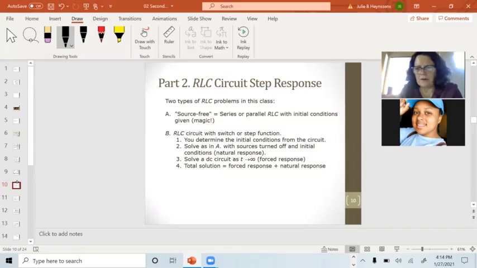And when I write an exam, and I've done this a lot of times in here, this is the part where students have the most trouble, is finding those initial conditions. So this is a good place to pay attention because we're going through the whole problem. The whole problem's too long for one exam. So I break it up into parts.